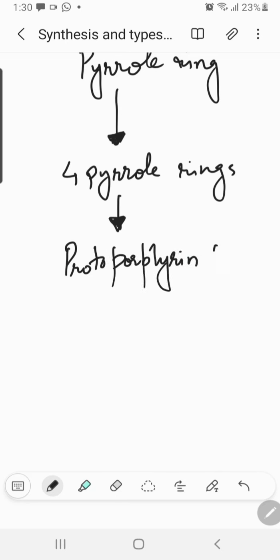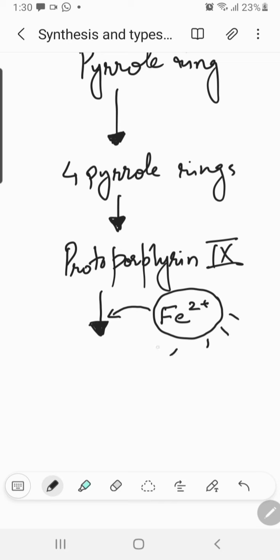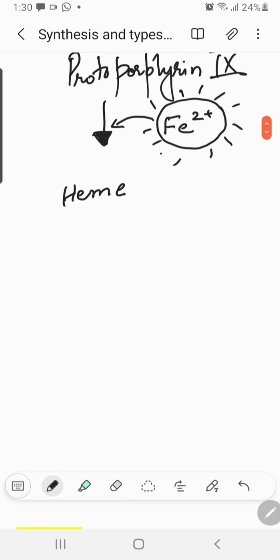Now this protoporphyrin 9 gets combined with a ferrous ion, that is Fe2+ ion, which causes the production of a heme molecule.